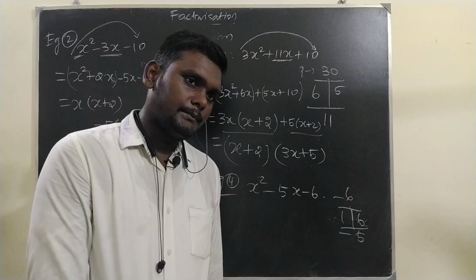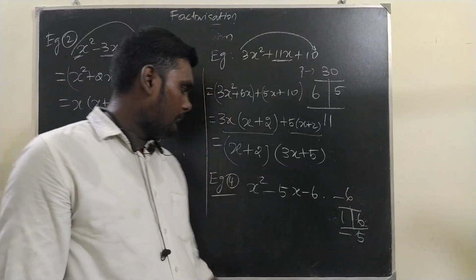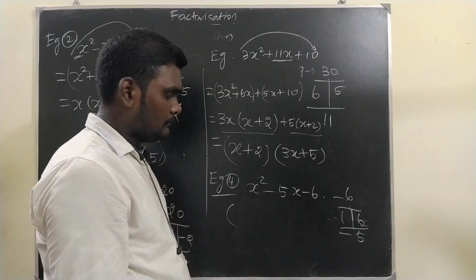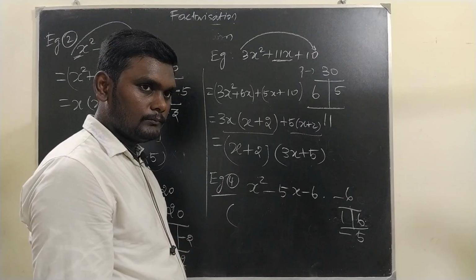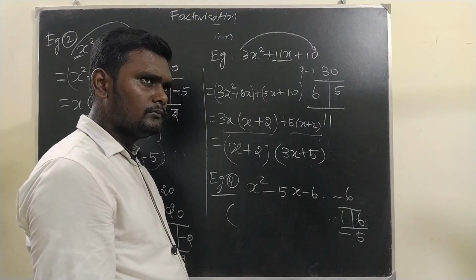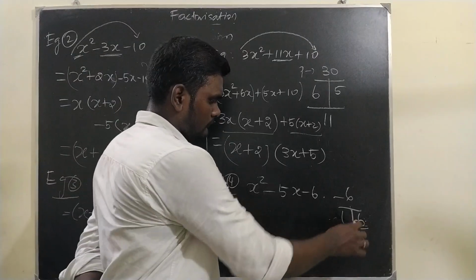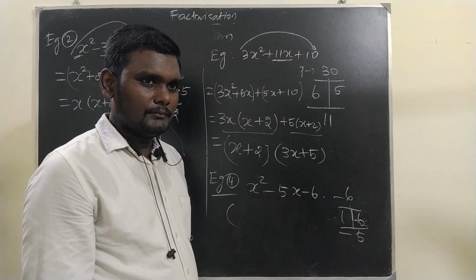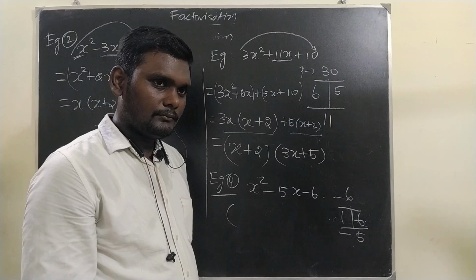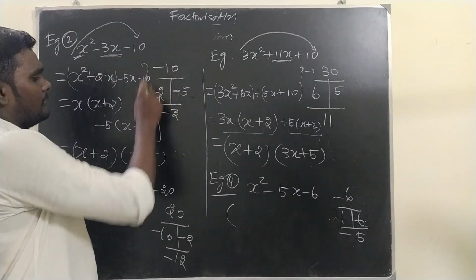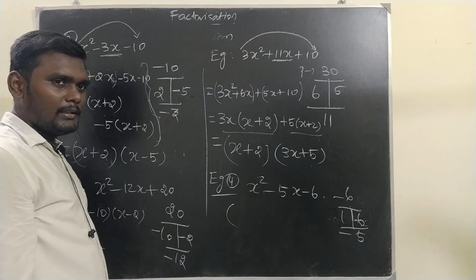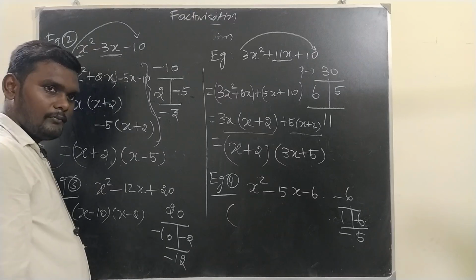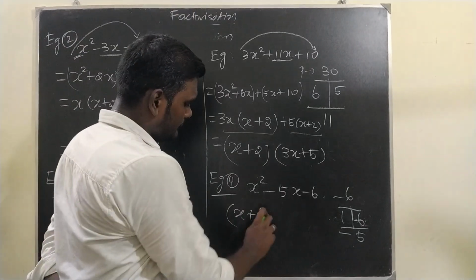Think of it. Okay, then what are our factors? Shortcut, man. Skip these 2 steps. Then, since the leading coefficient is 1, directly say the answer like this. That is it.